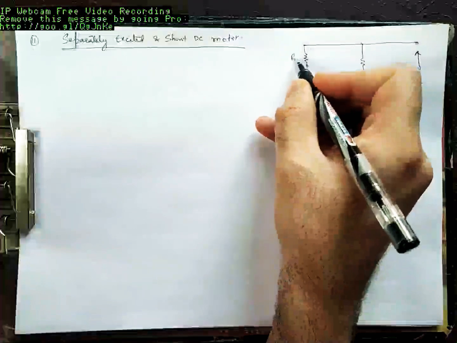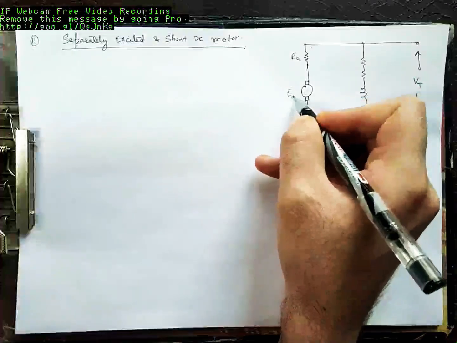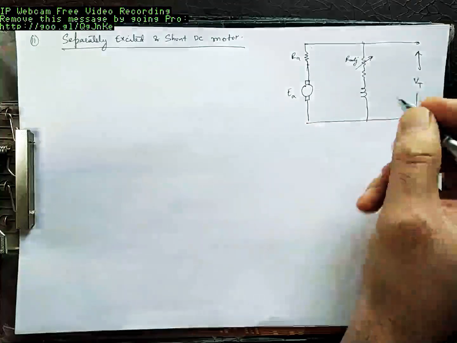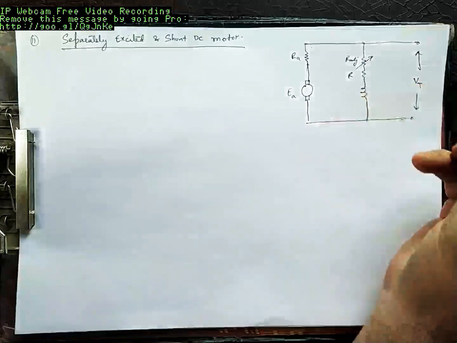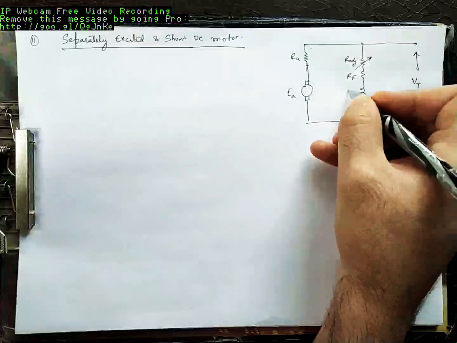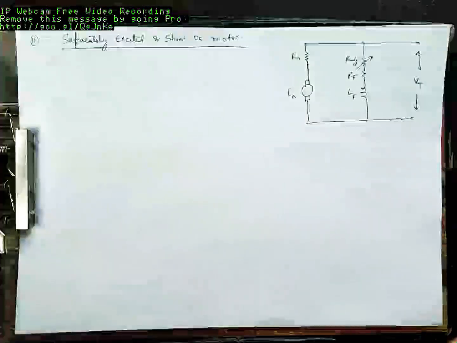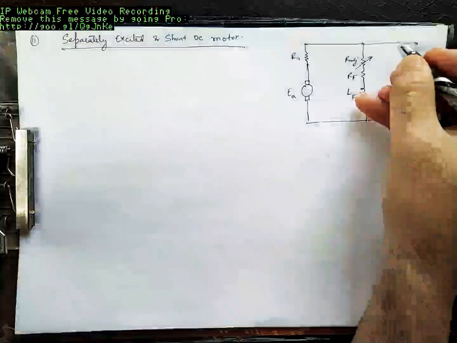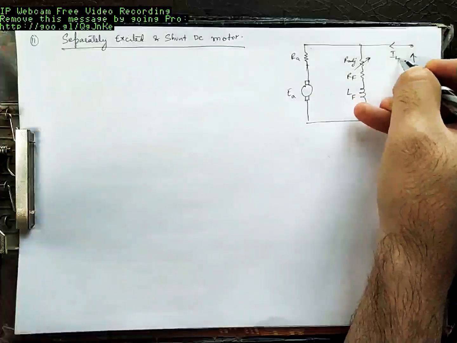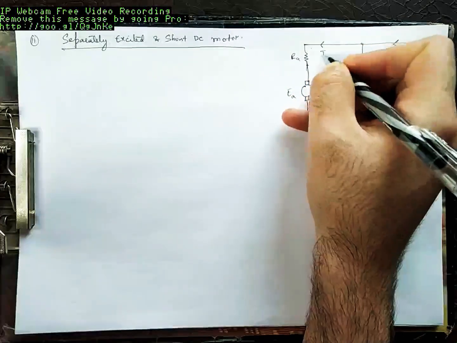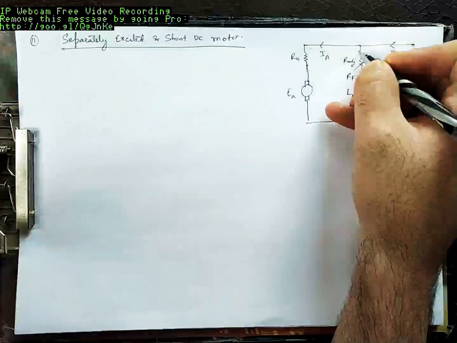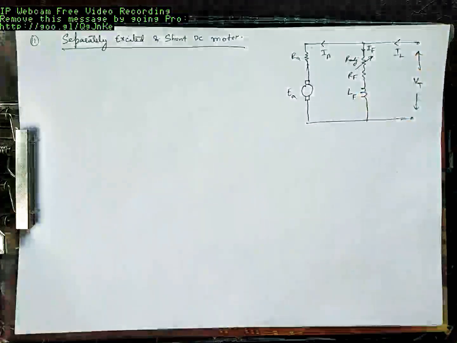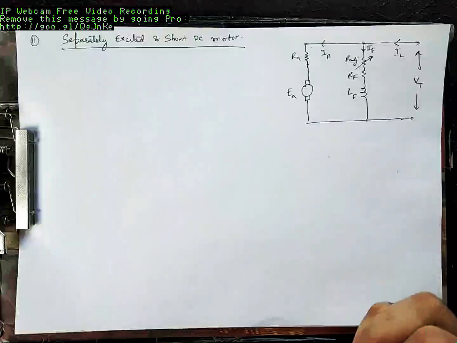This is RA, this is EA, this is R adjustable. This is RF, this is LF. This current is total IL, while this portion is armature current IA, and this portion is field current IF. This is shunt DC motor.